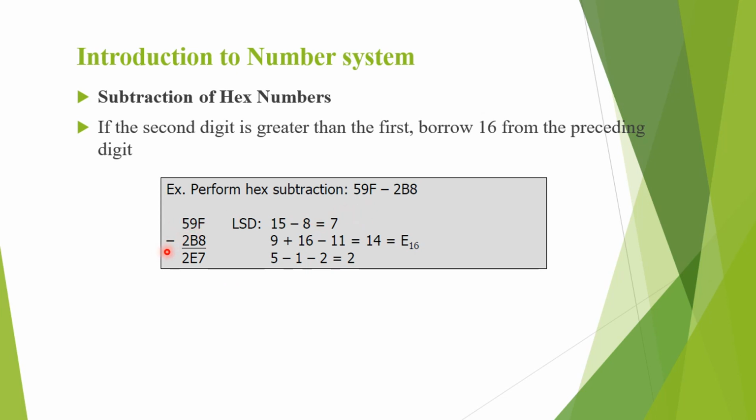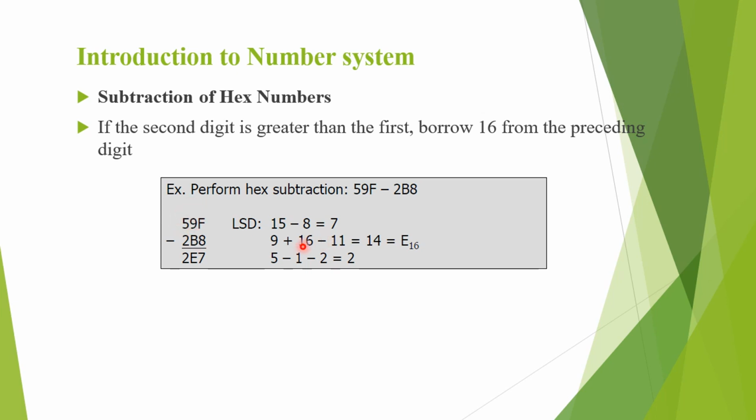59F minus 2B8. So F minus 8. F is greater than 8. F is 15, and 15 minus 8 gives us 7. So 7 is written. Next, 9 minus B. 9 is smaller than B, so you have to borrow 16 from the preceding digit. From 5 you will be borrowing 1, which will be added as 16 to 9.